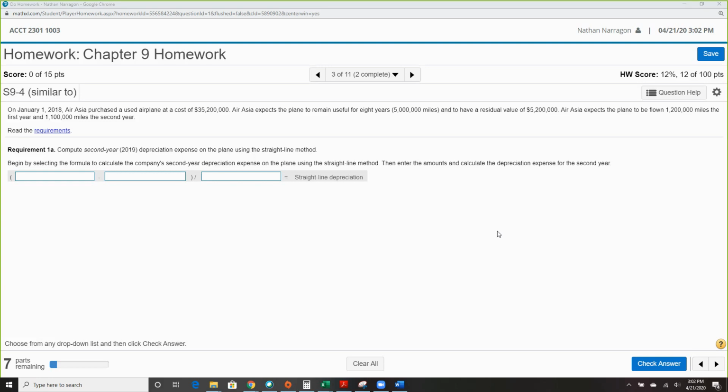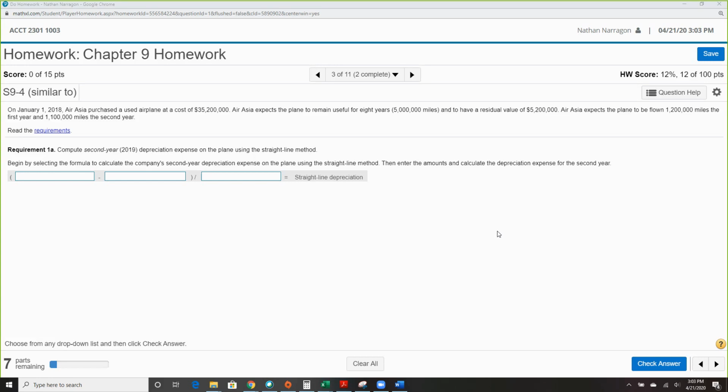AirAsia expects the plane to be flown 1,200,000 miles the first year and 1,100,000 miles in the second year. Okay? So we're only using 2 of the 8 years. Ooh! Watch out for these. Compute second year depreciation expense on the plane using the straight line method.